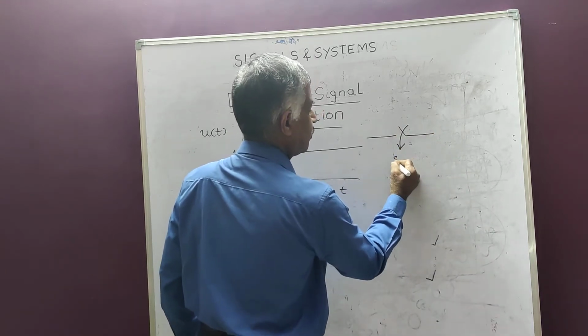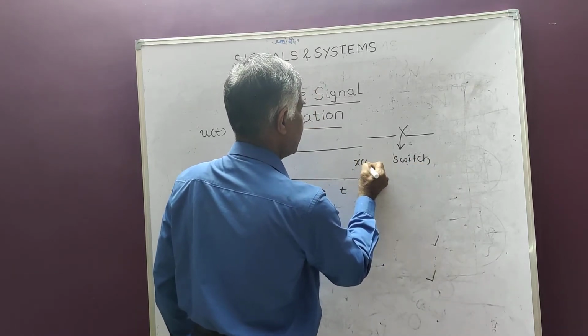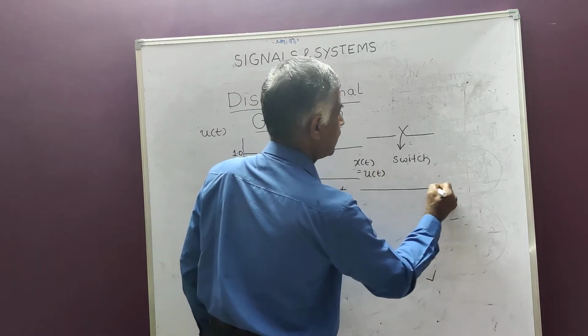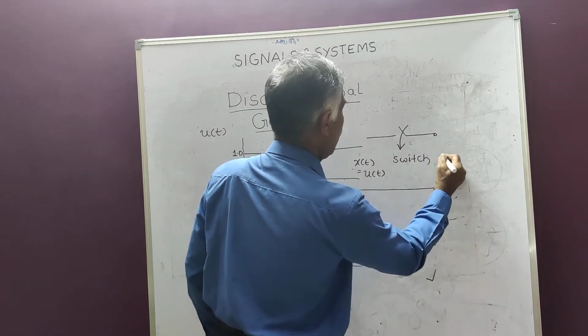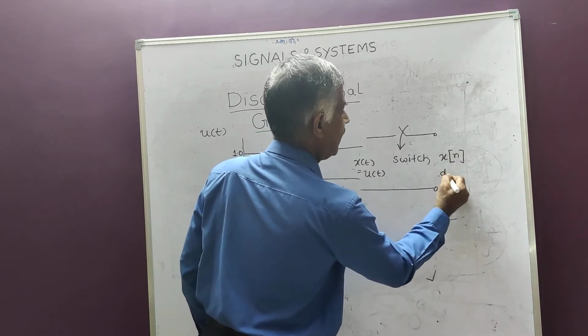This is what is known as a switch, and this is x(t) equal to u(t), and here we are going to get a discrete output called x of n.